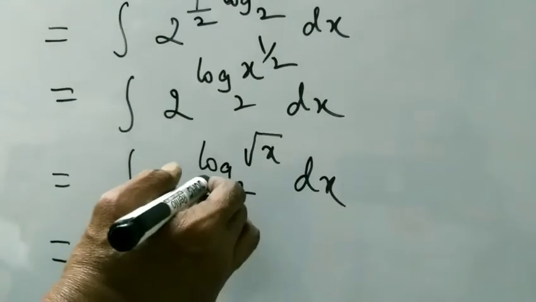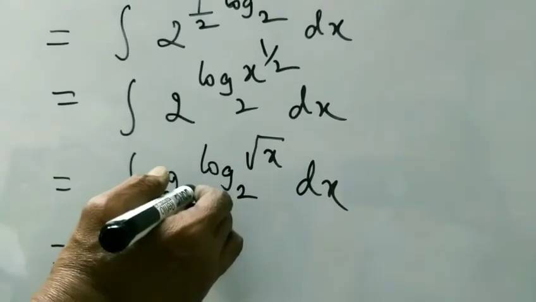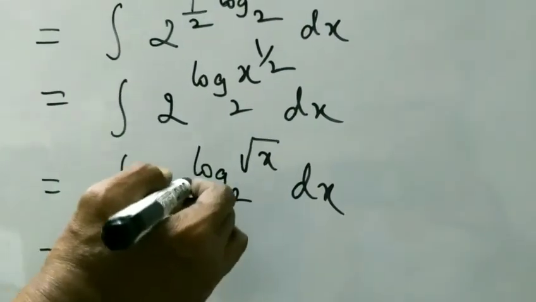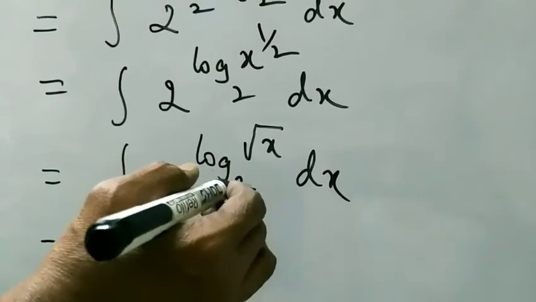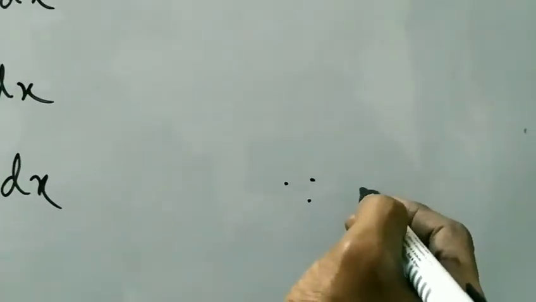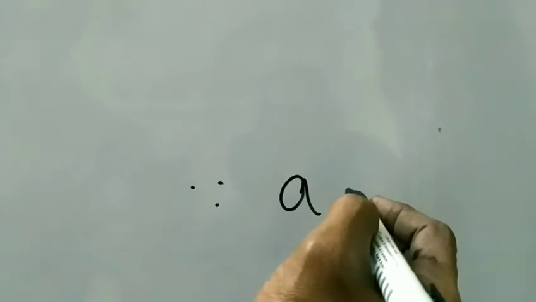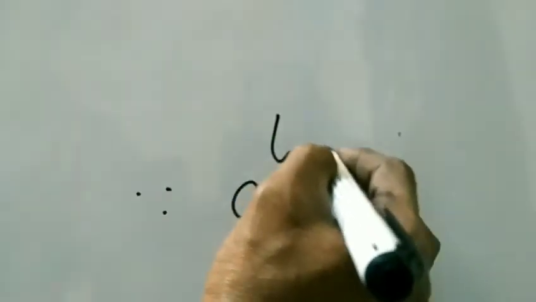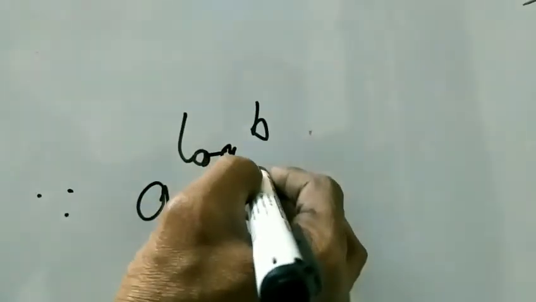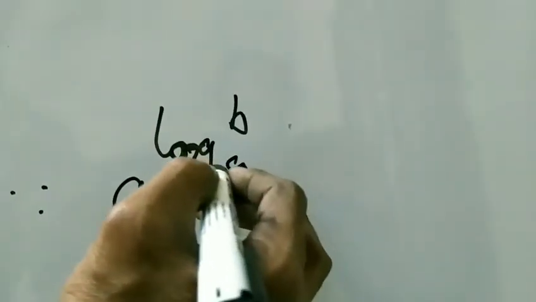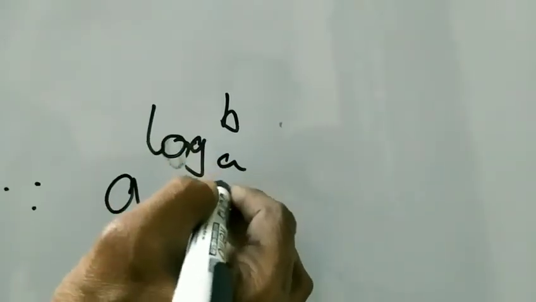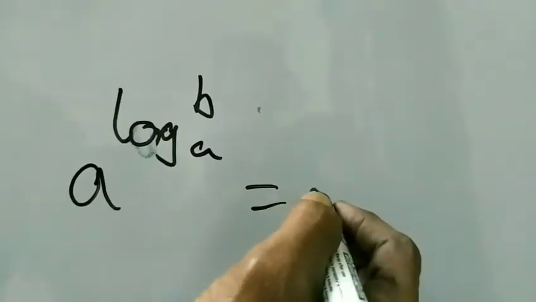Here, since we know that a to the power of log b to the base a is equal to b.